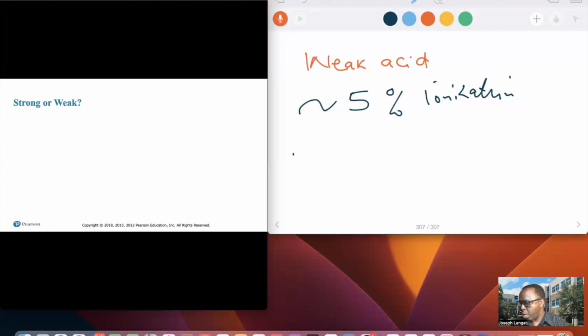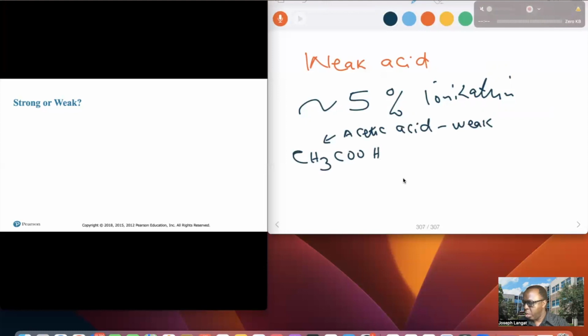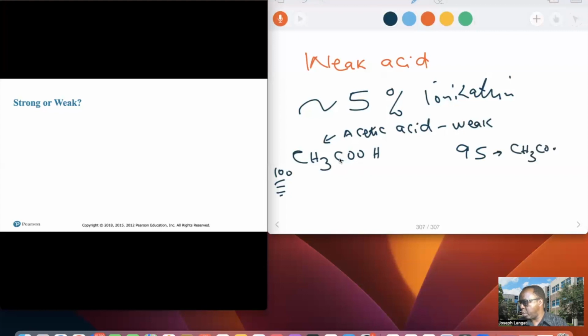Using acetic acid, which is an example of a weak acid. So this is acetic acid, which is a weak acid. If I have 100, let's say 100 for easy calculation, 100 molecules of this, 95 will just be the same as the original.